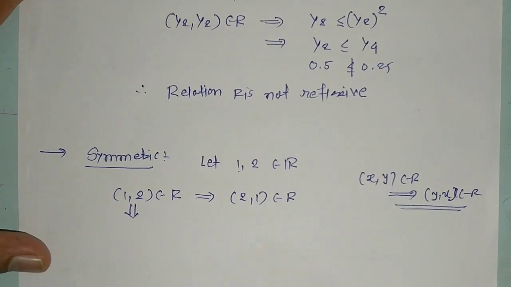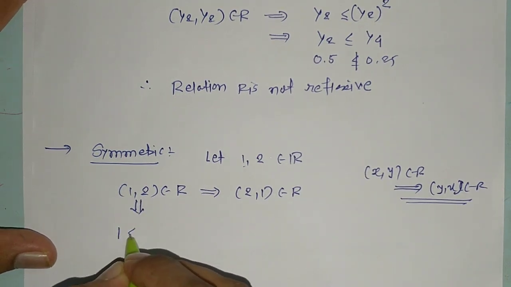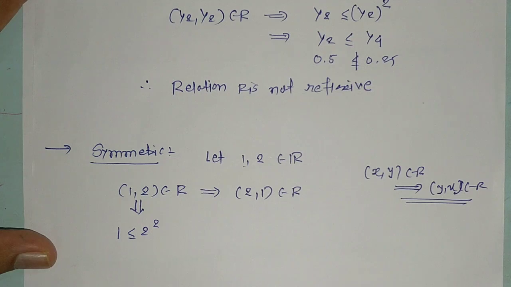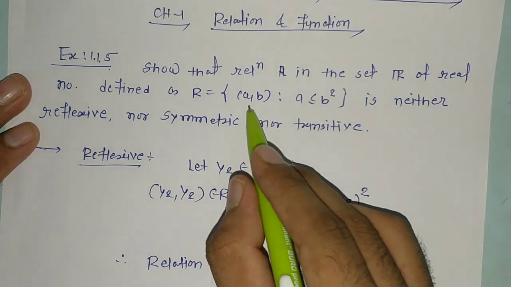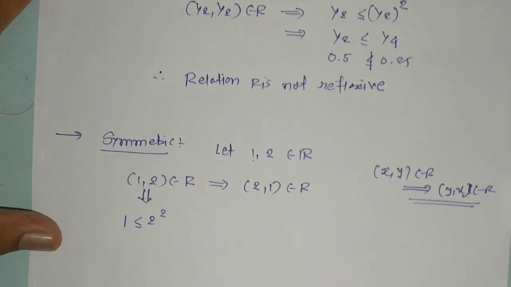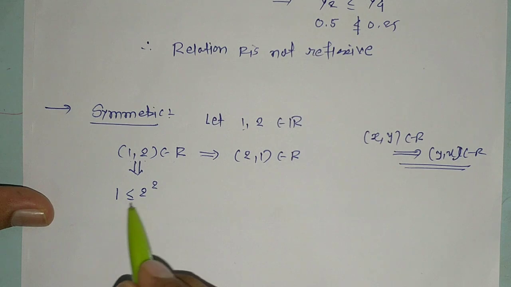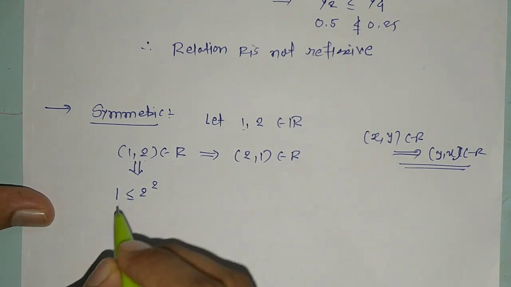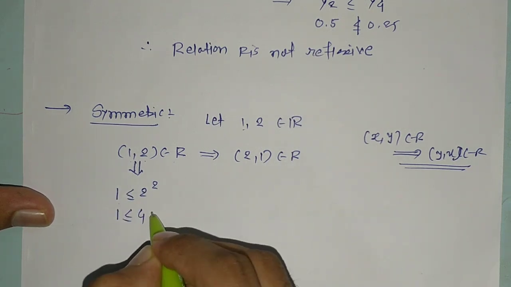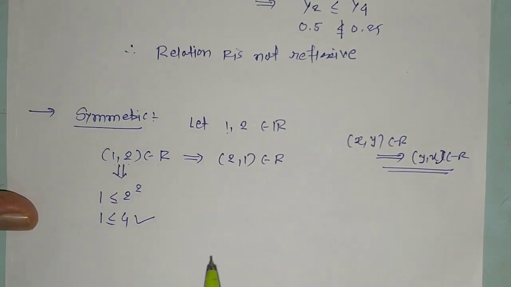So (1, 2) belongs to R, that means 1 is less than or equal to 2 square, as per the relation: A and B are related if A is less than or equal to B square. Over here we have considered that (1, 2) are related, it means this must be true. And see, 1 is less than or equal to 4, that is true. Now if we invert the place, that is (2, 1), is it in the relation?